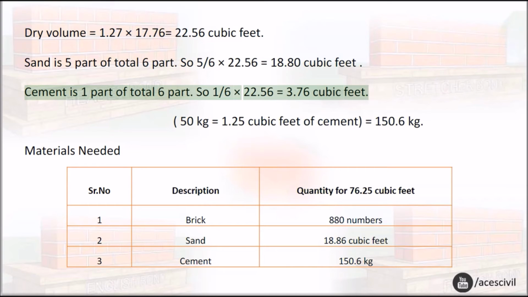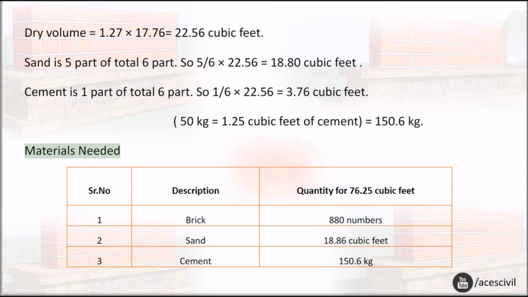Cement is 1 part of the total 6 parts. So 1/6 times 22.56 equals 3.76 cubic feet. 50 kilograms equals 1.25 cubic feet of cement, so 3.76 cubic feet equals 150.6 kilograms.